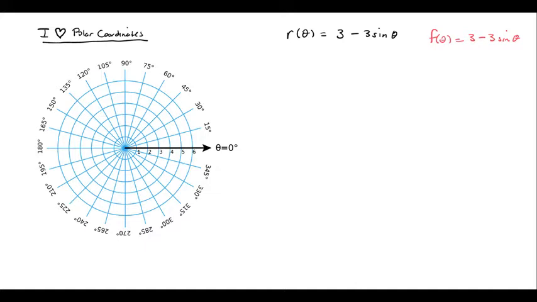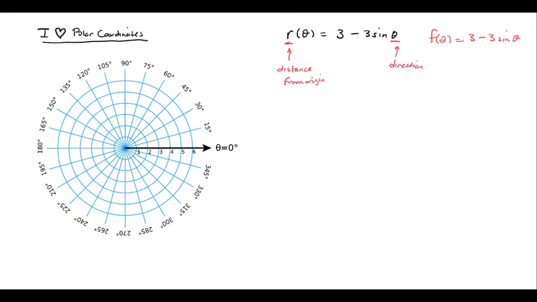Which means rather than treat this as an independent variable which is graphed along the horizontal axis, and this as a dependent variable which is graphed along the vertical axis, instead we're going to treat this theta as an independent variable which is graphed as a measure of direction or bearing, and this r as a measure of distance from the origin, which is still the dependent variable. So we're going to graph this in polar coordinates, but it really is just an ordinary function. An ordinary trigonometric function, which may seem far from ordinary.